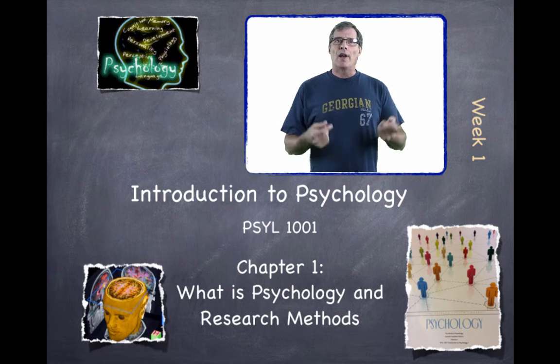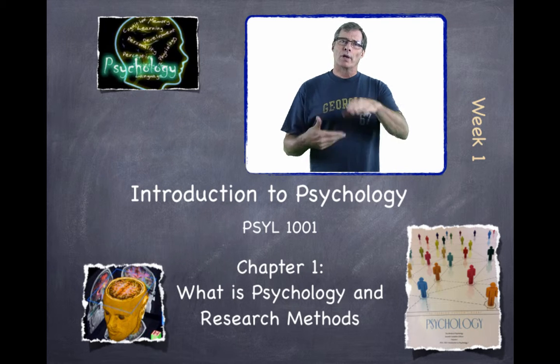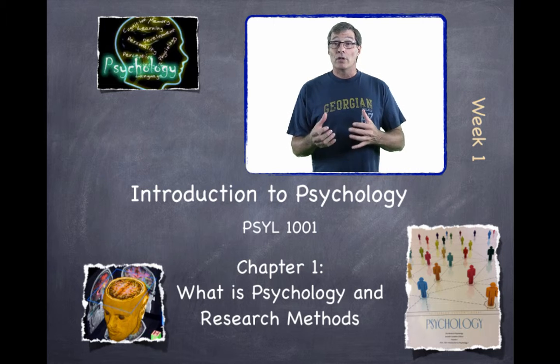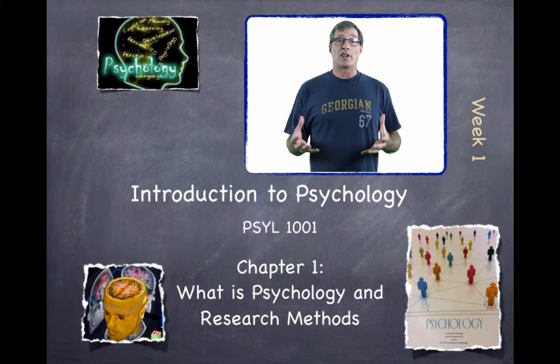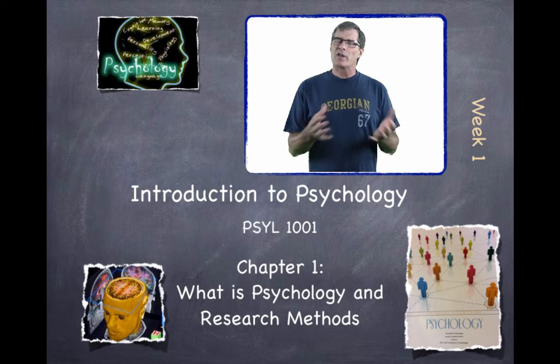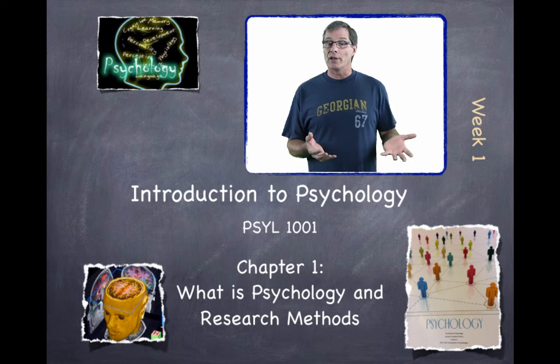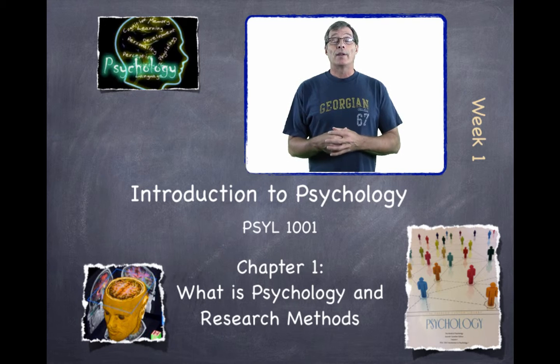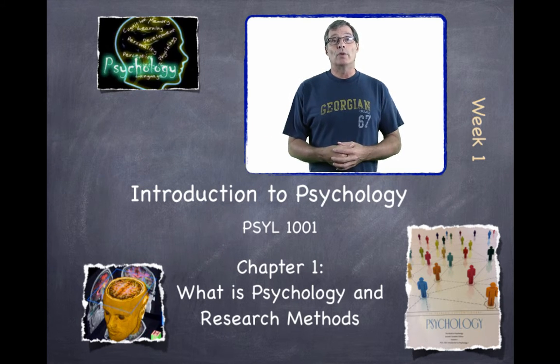We're going to look at how it becomes a science, and therefore we're going to look at the scientific method and the foundation of the research, and how it is that psychology is a science and what separates it from common sense. And then in week 2 we'll look at theorists, and I'll post week 2 in the week 2 folder.